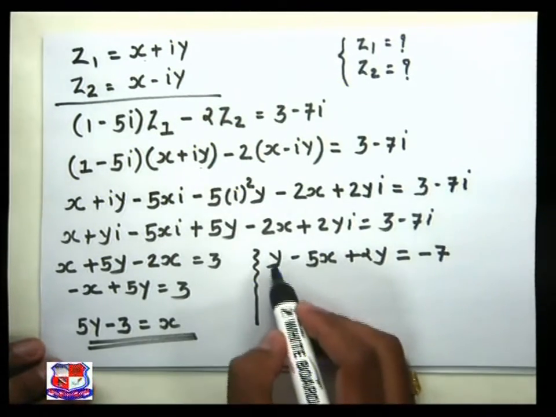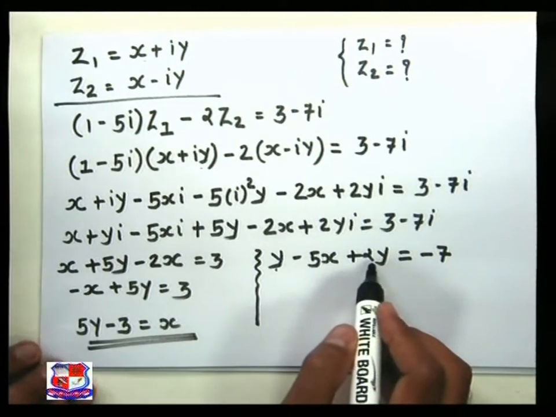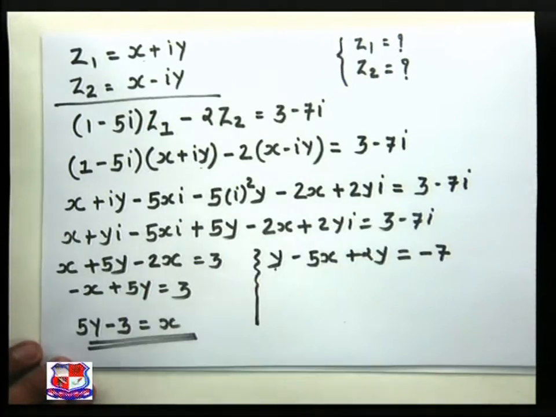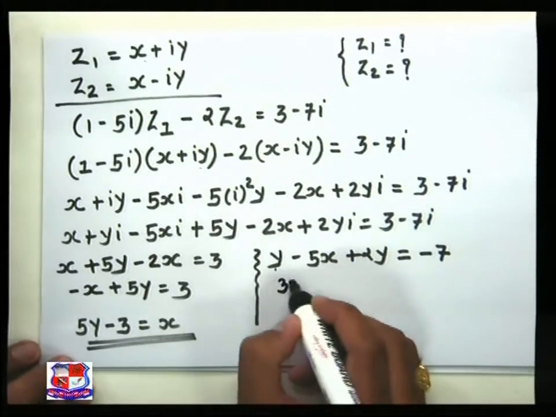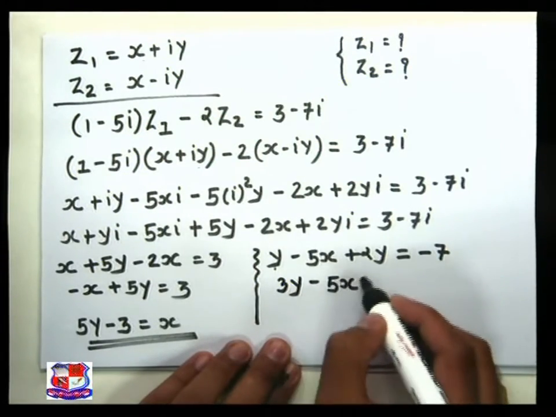Now we can directly use x is equal to 5y minus 3 in the other equation. First of all simplify our equation: here y and here 2y, so we can write directly 3y, minus 5x as it is, equals minus 7.